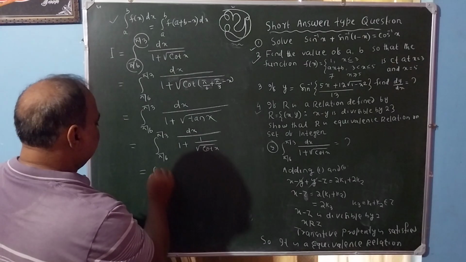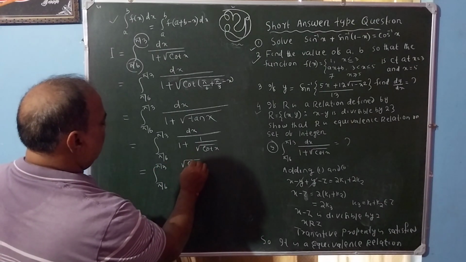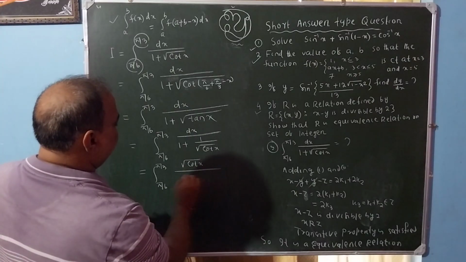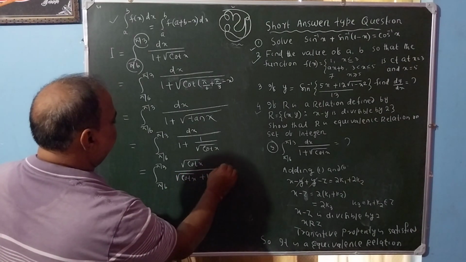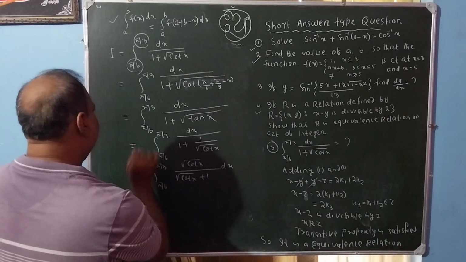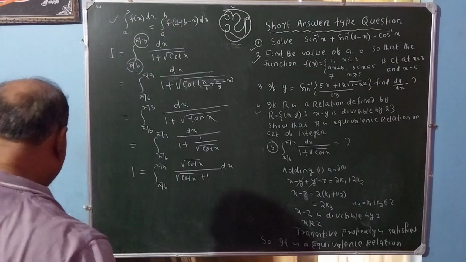pi by 6 to pi by 3, cot x goes to the numerator. Here we get root over cot x divided by root over cot x plus 1 dx. This is also I. Now adding I plus I. Write down.